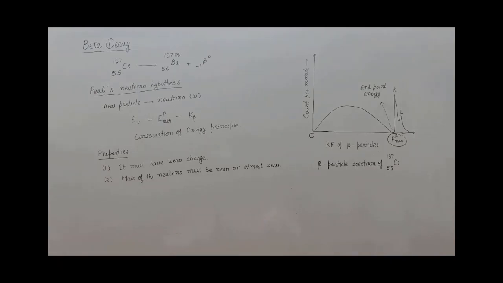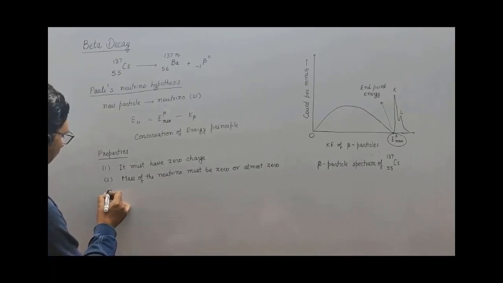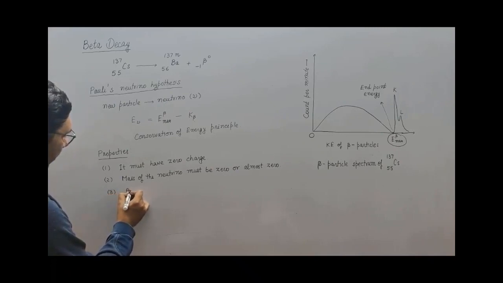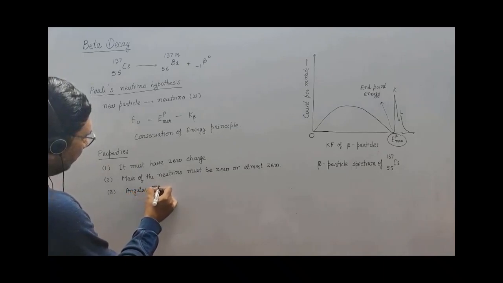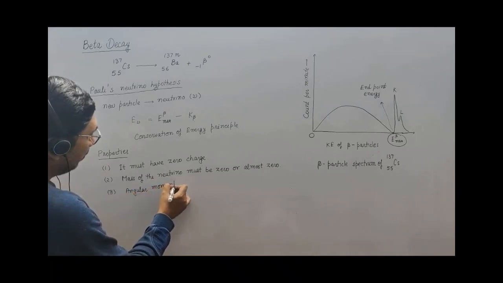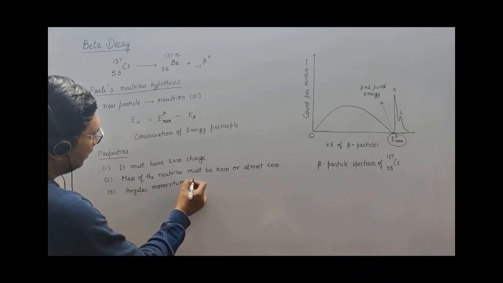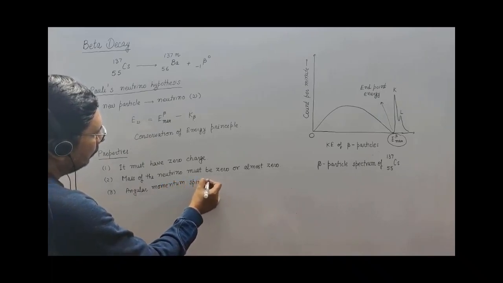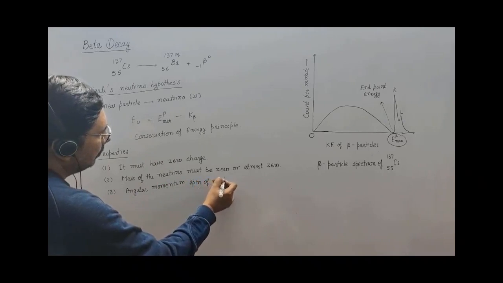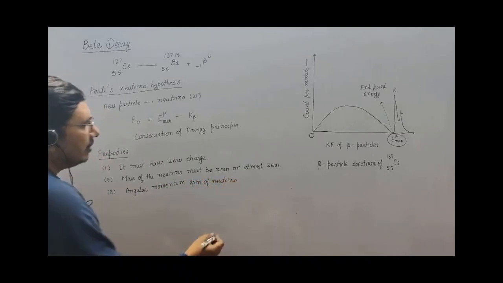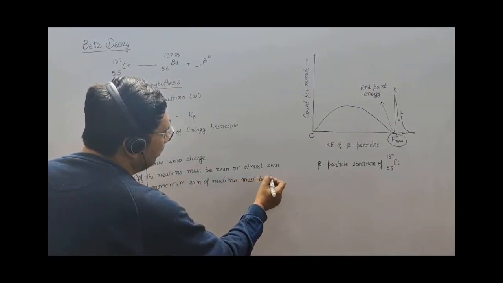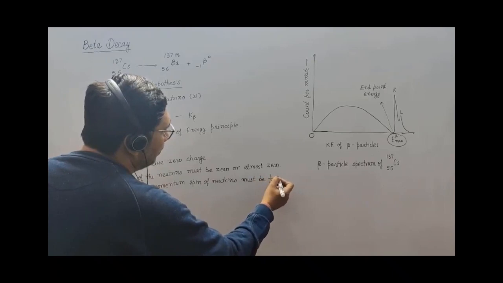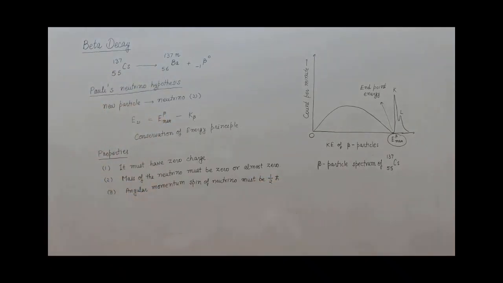Third is its angular momentum, its spin. The spin of the neutrino must be 1/2 h cross.